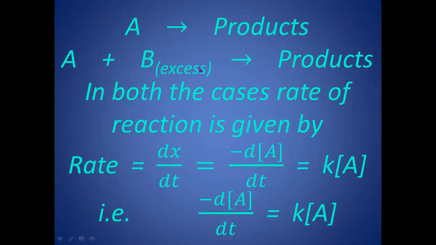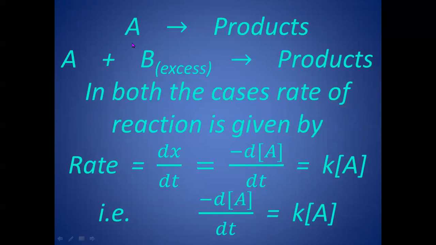For example, hydrolysis. In a hydrolysis reaction, we can take water in bulk quantity. Therefore, the concentration of water will not alter the rate of reaction. Only the other reactant's concentration will change with time.